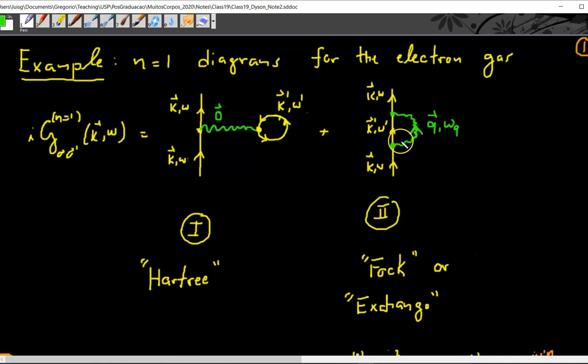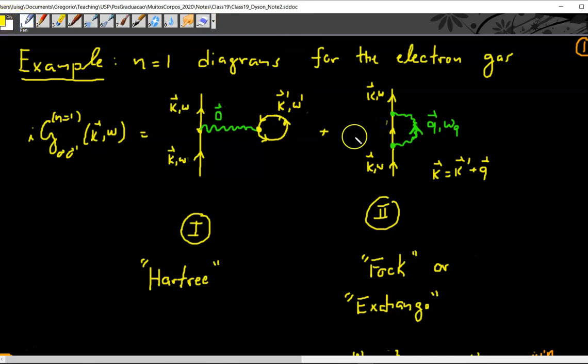So it's entering this vertex and leaving this other one. I could assign it the other way around, just change the sign. So that means that I have K entering equals K prime plus Q. That means that K prime is actually K minus Q, and I have only one dummy variable left, which is Q.